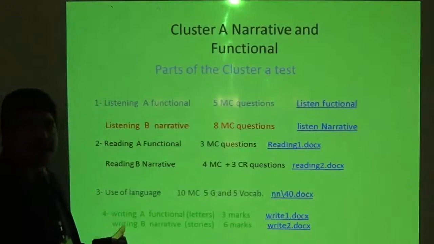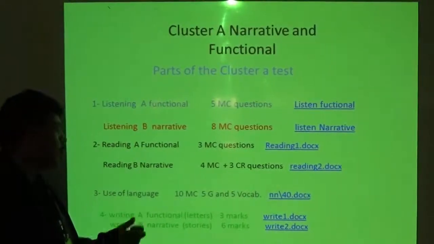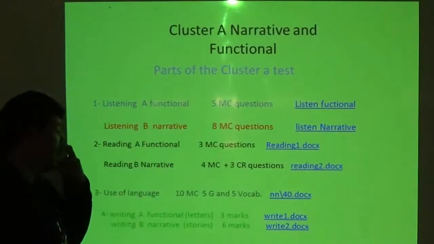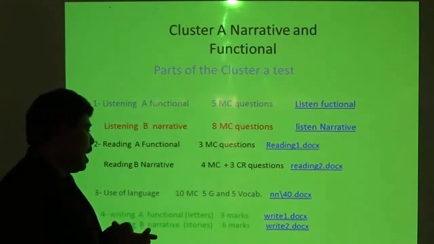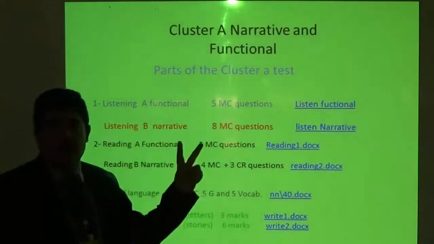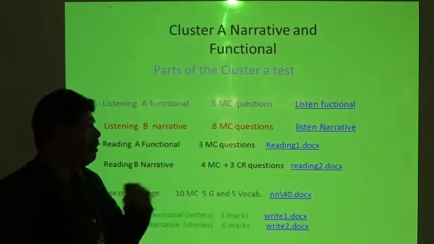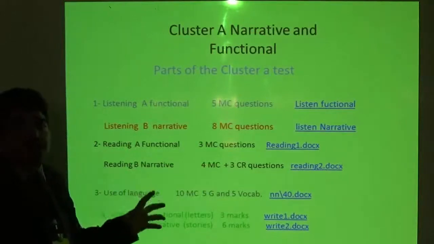The last part in the test is the writing part. You are going to write 2 writing prompts. Number 1 is writing functional letters. You have 3 kinds of letters, and you are going to have 2 letters, then you choose one to write about, and it has 3 marks. Writing number B, you are going to write a story, a narrative.